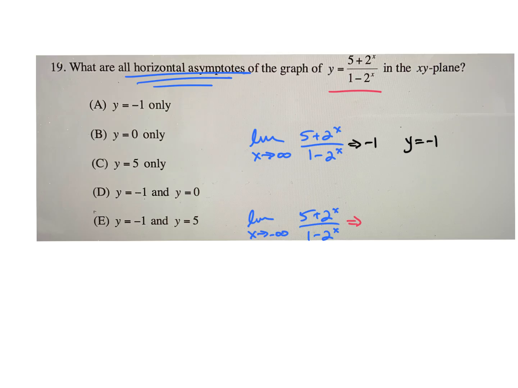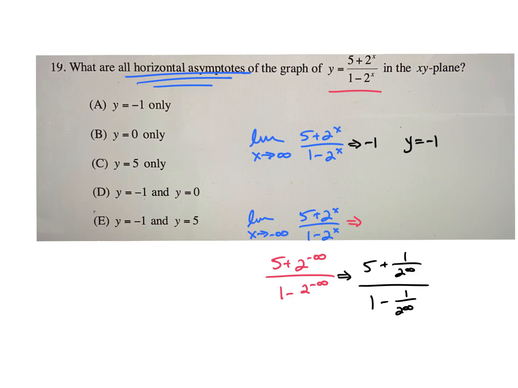And so now we'd have what? I'm going to just substitute in negative infinity. So now I'd have 5 plus 2 to the negative infinity over 1 minus 2 to the negative infinity. But what happens here? It goes to the basement, however it's like a basement up top too. And so now it would end up being 5 plus 1 over 2 to the infinity, and then 1 minus 1 over 2 to the infinity.